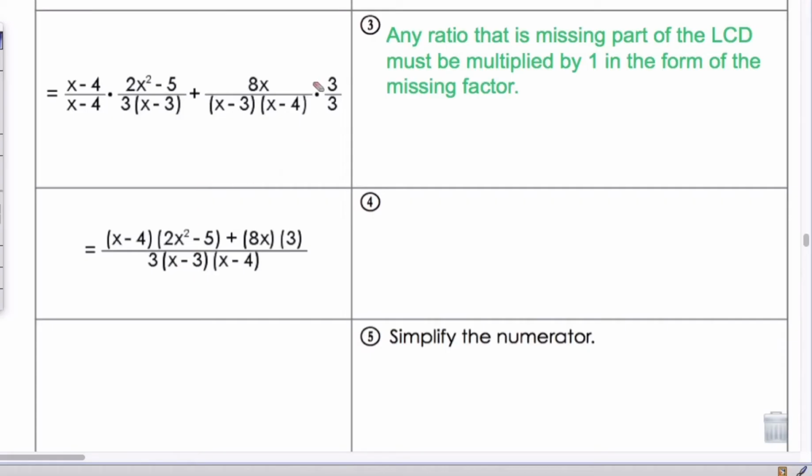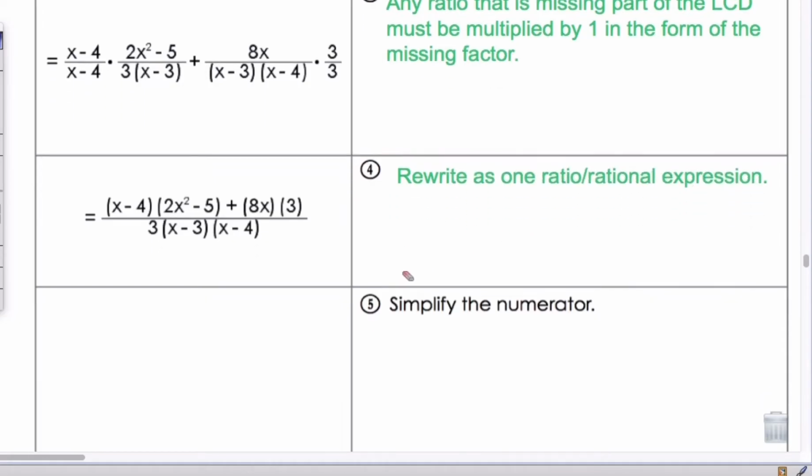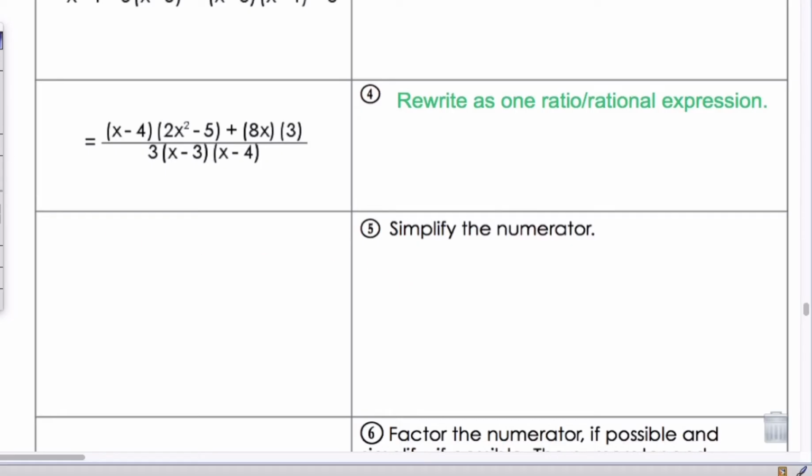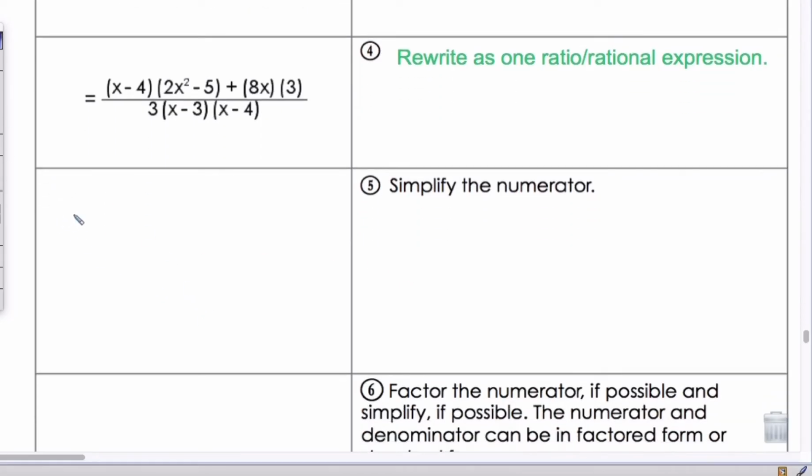It looks like I am combining it now. So I'm multiplying, and then I'm combining, rewriting as one ratio or rational expression. Step 5, I actually have to do: it says simplify the numerator. So first I'm going to have to FOIL these two. I'm going to end up with 2x cubed minus 5x minus 8x squared plus 20 plus 24x.